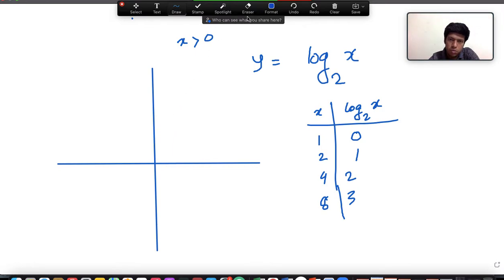Okay, so let's take some other color. 1, 2, 3, 4, 5, 6, 7, 8, etc. Okay, this side is -1, -2, like this, and this is 1, 2, 3. This is y-axis.